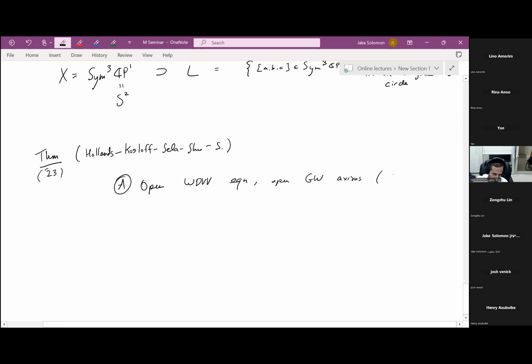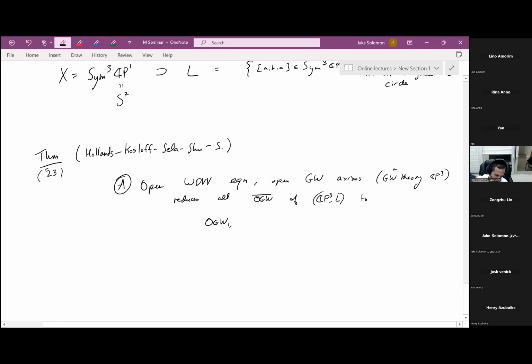And of course, knowledge of the usual Gromov-Witten theory of CP3 reduces all the OGW of the Chiang Lagrangian, so CP3 and our Chiang Lagrangian, to 3 initial values.